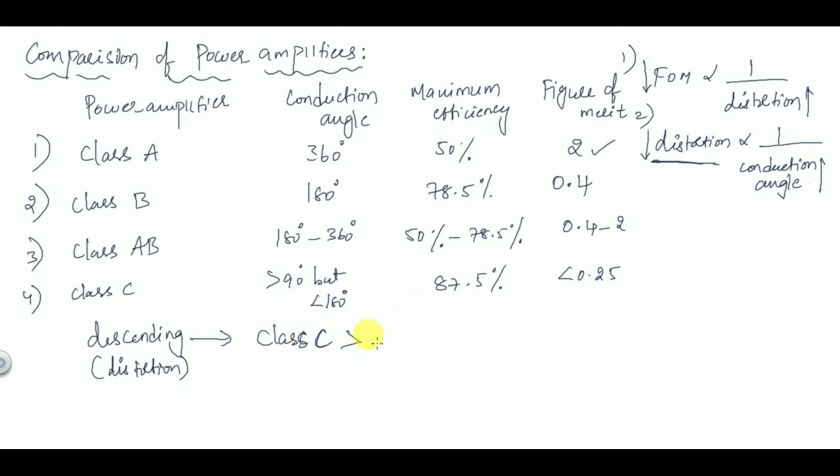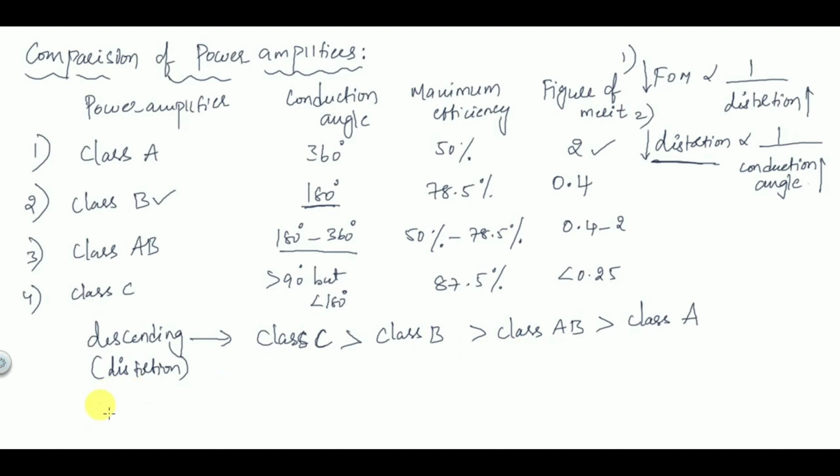Next comes class B, because its conduction angle is only 180 degrees. Next comes class AB, because its conduction angle is greater than class B but less than class A. And finally comes the class A power amplifier. This is the descending order of distortion.